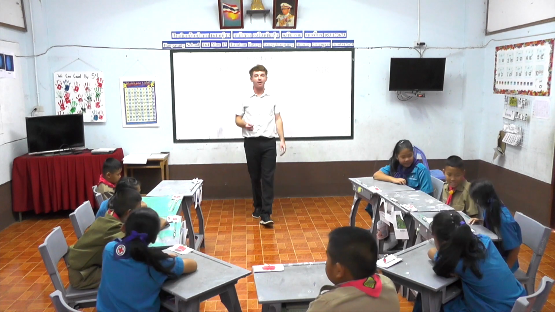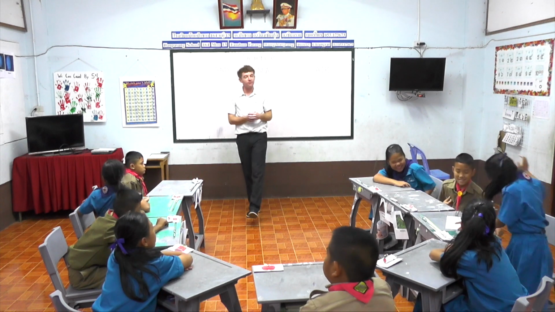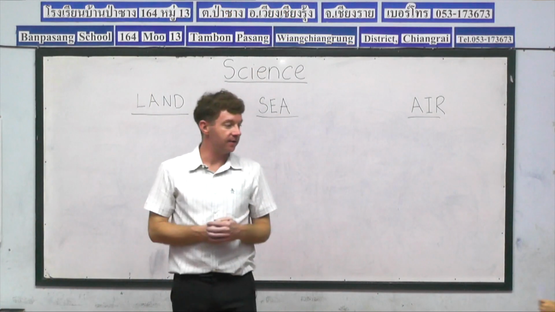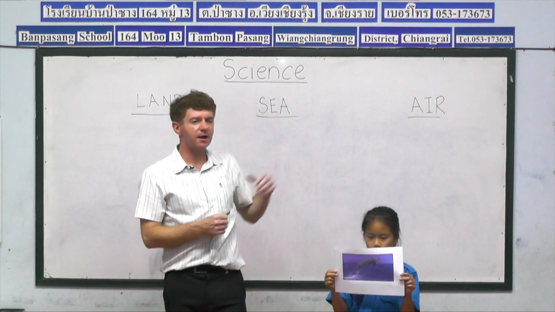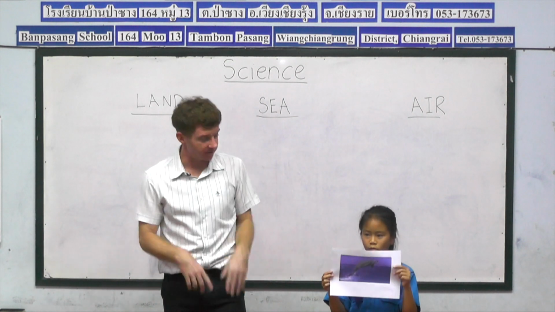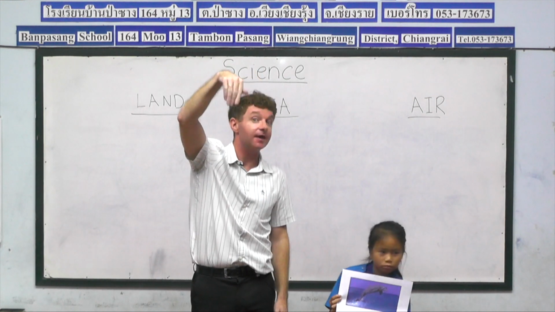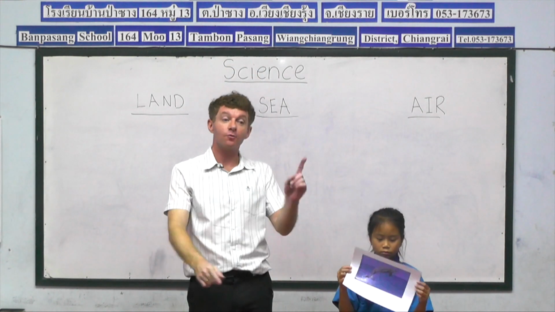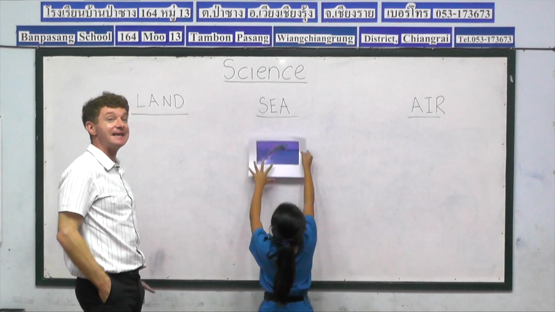Okay, so Prel has the first flashcard. Prel, can you bring your flashcard to the front of class? Okay. Dolphin. Now, is the dolphin an air animal? Sea animal. Sea animal. Yes, we can see here. Even though it's jumping out of the sea, it will soon be going back in. So we can say, dolphin, sea animal.